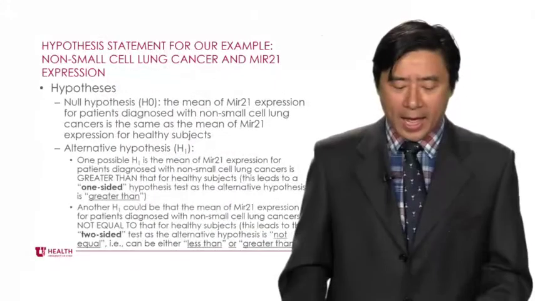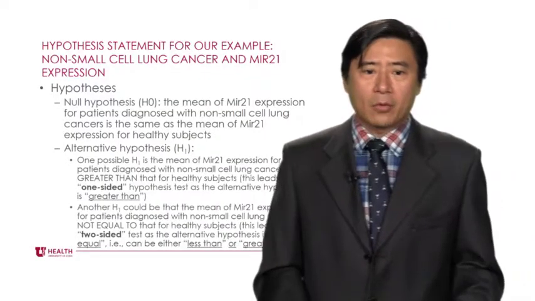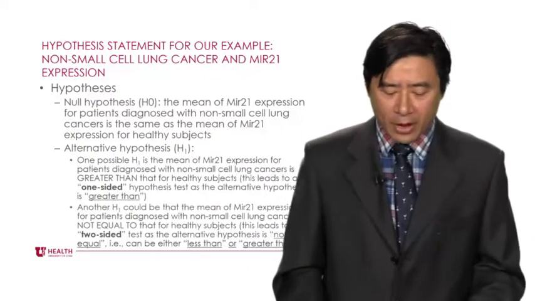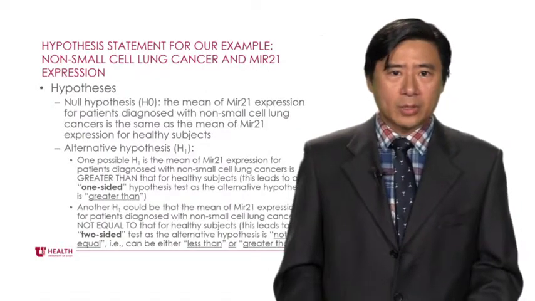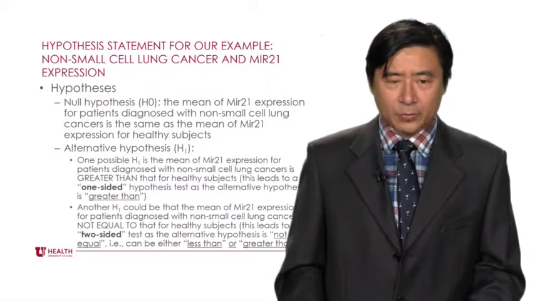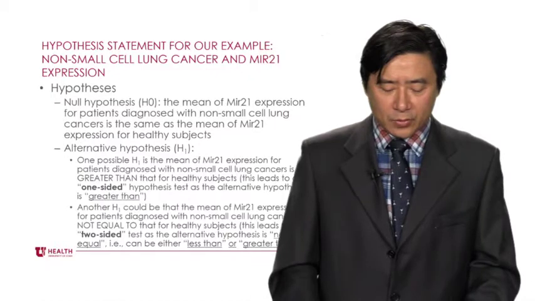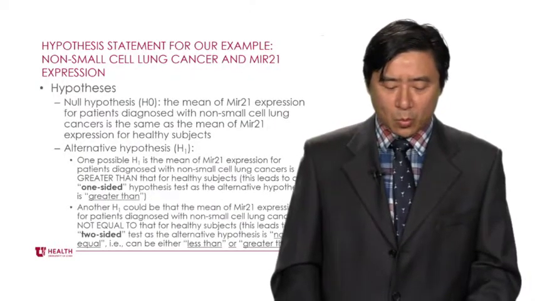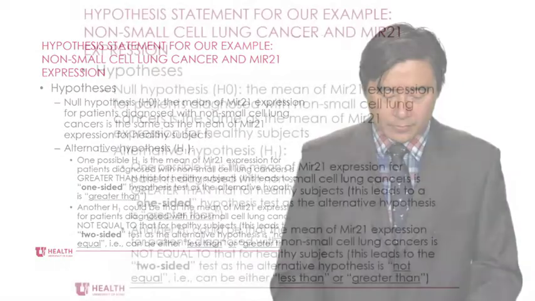The reason you can have this type of hypothesis is that your scientific hypothesis is that patients diagnosed with non-small cell lung cancer have elevated expression of this microRNA. So you can use a one-sided test to test the null hypothesis.